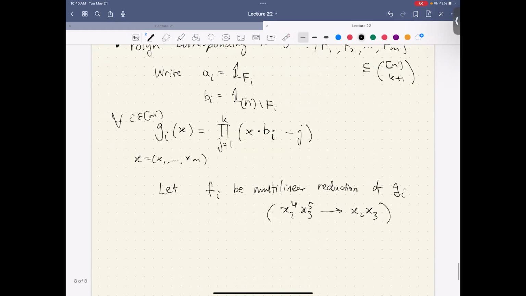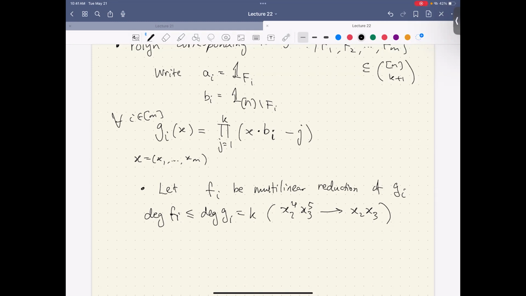Good. So the degree of f_i is obviously at most the degree of g_i, which is k. So degree is good.